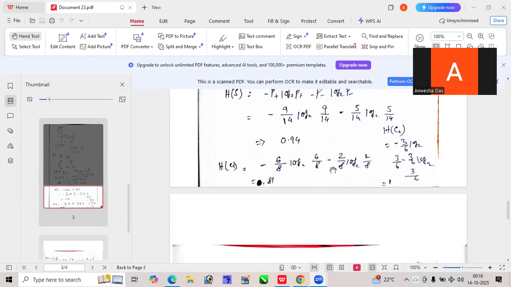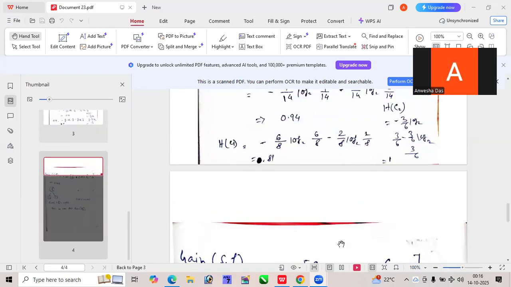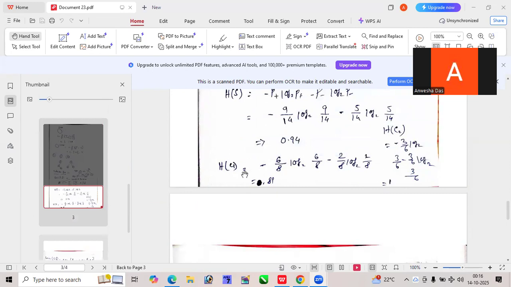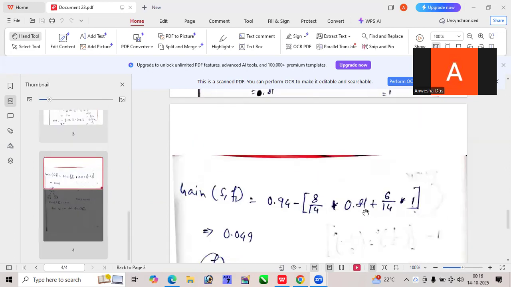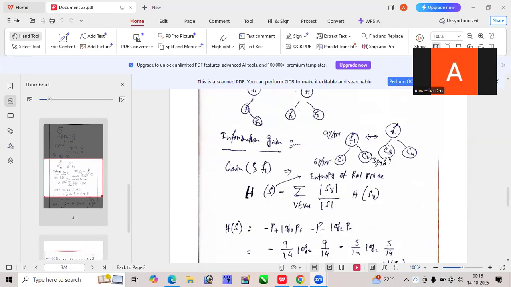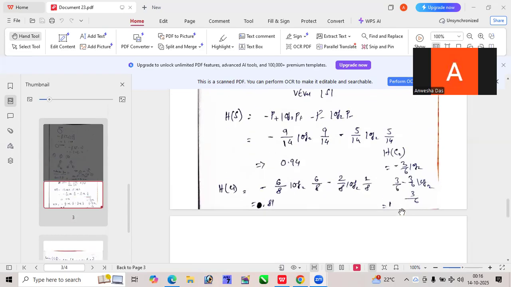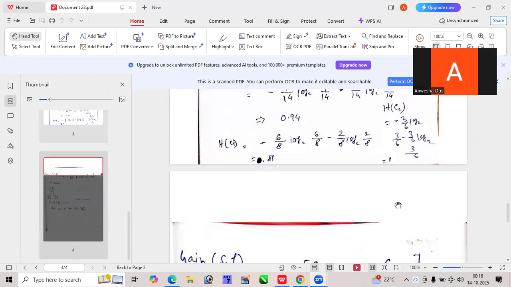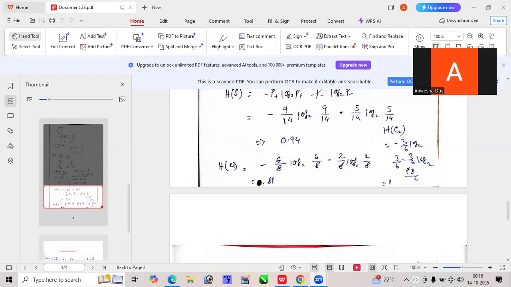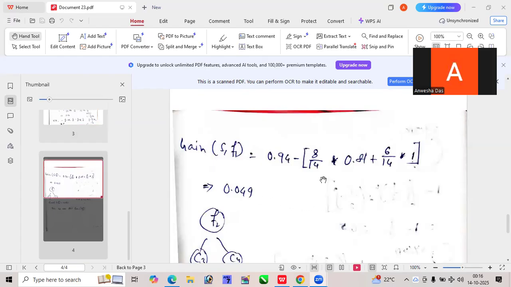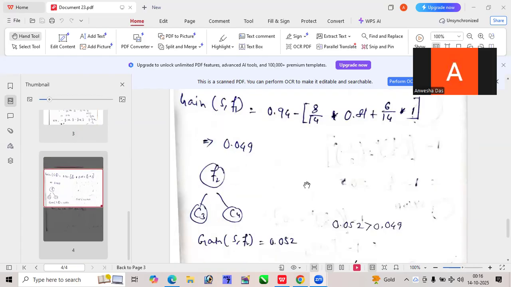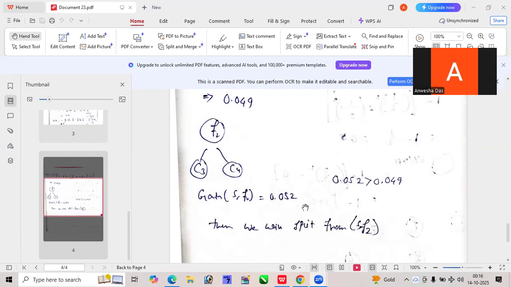So 8 by 14 into 0.81, that means H of C1, plus 6 by 14, meaning 3 yes and 3 no, total 6, into 1, that means H of C2. Then we got what value? 0.049.